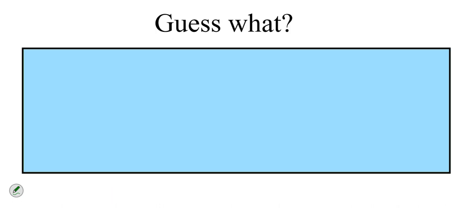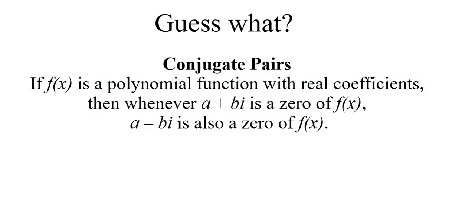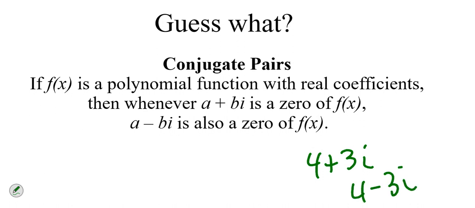All right, guess what? I don't know. What is behind here? Oh, okay, conjugate pairs. All right, if we're given a zero, like 4 plus 3i, then 4 minus 3i will also be a zero. So let's go back and see if this was true for us.